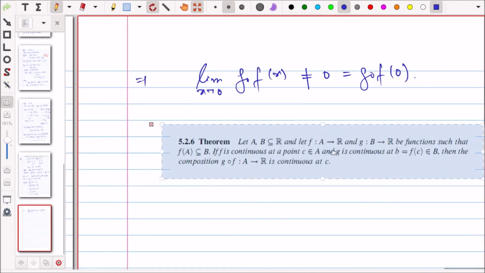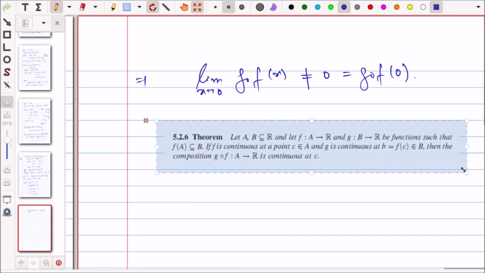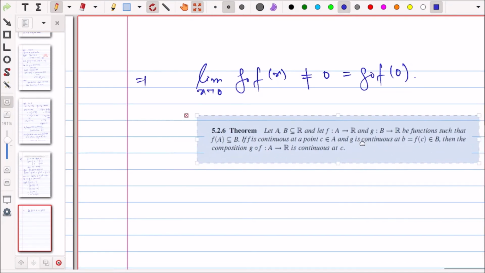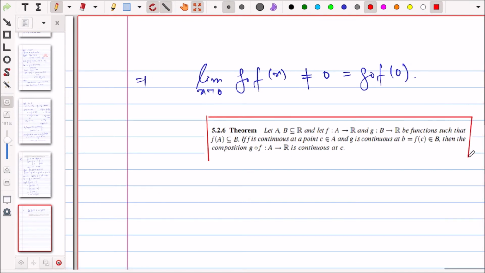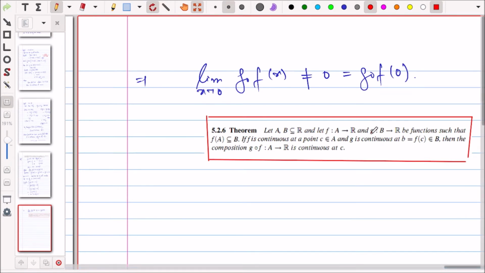If f is continuous at c and g is continuous at f(c), then g of f will be continuous at c.